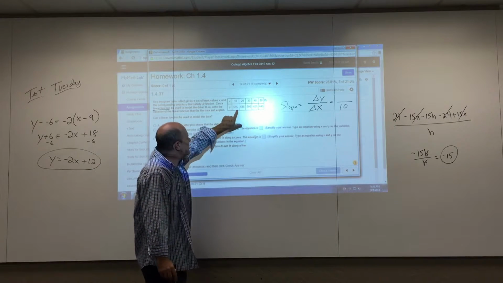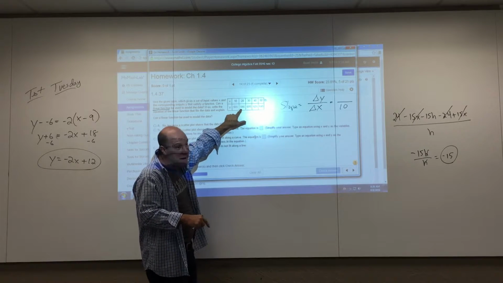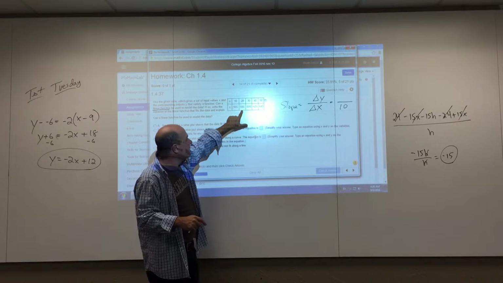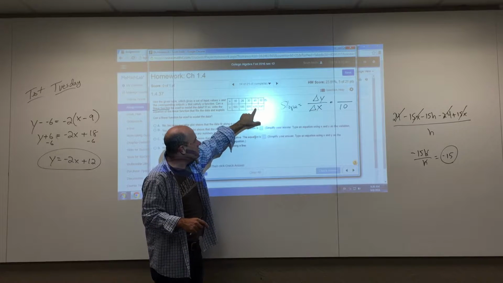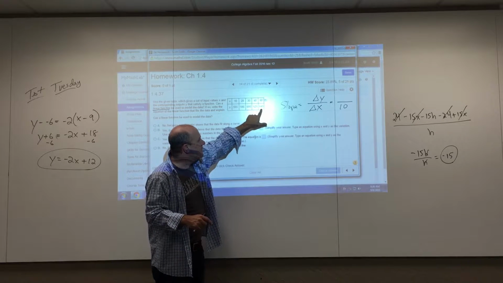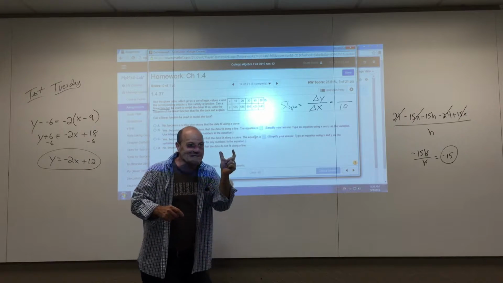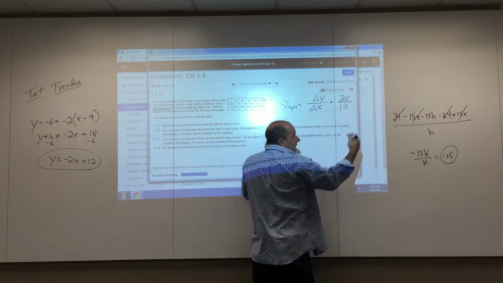What about the y's? I could subtract my y's to figure this out, or I can see that it changed 20. What about the next one? 20. What about the next one? 20. What about the next one? 20. Okay, then it's a line. If there's a consistent change in y and a consistent change in x, then it's a line.